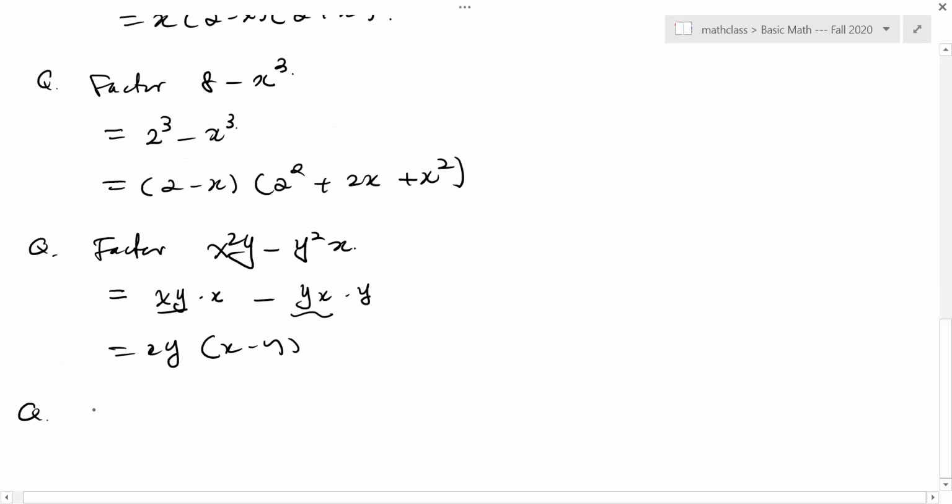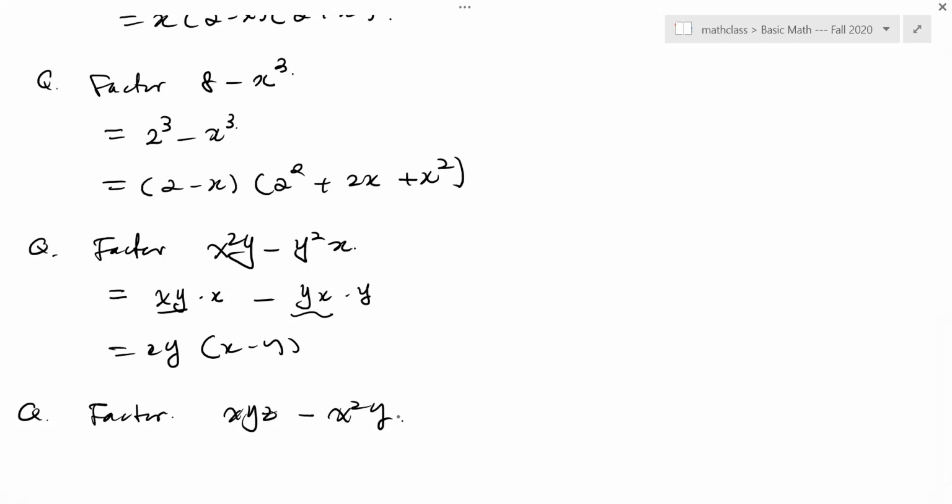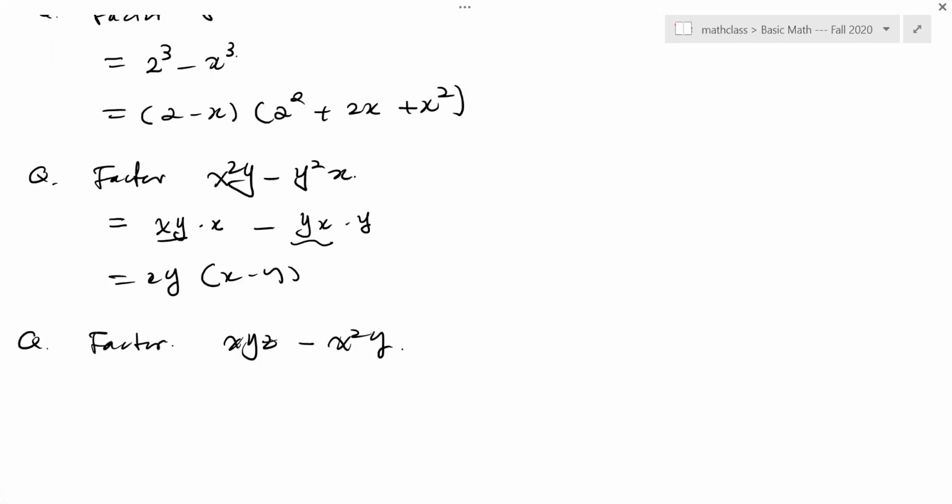If you can do this, let's try the next one. Factor x times y z minus x squared y. Great.